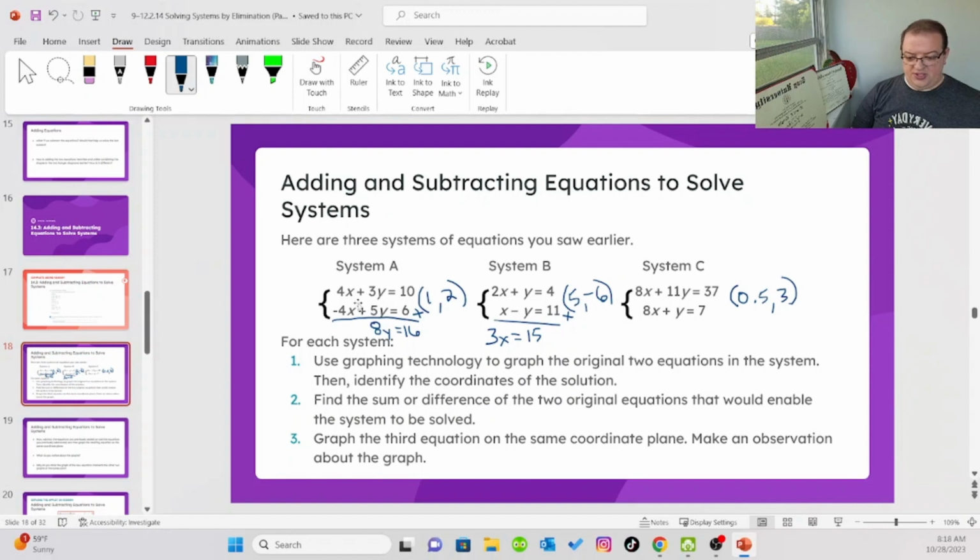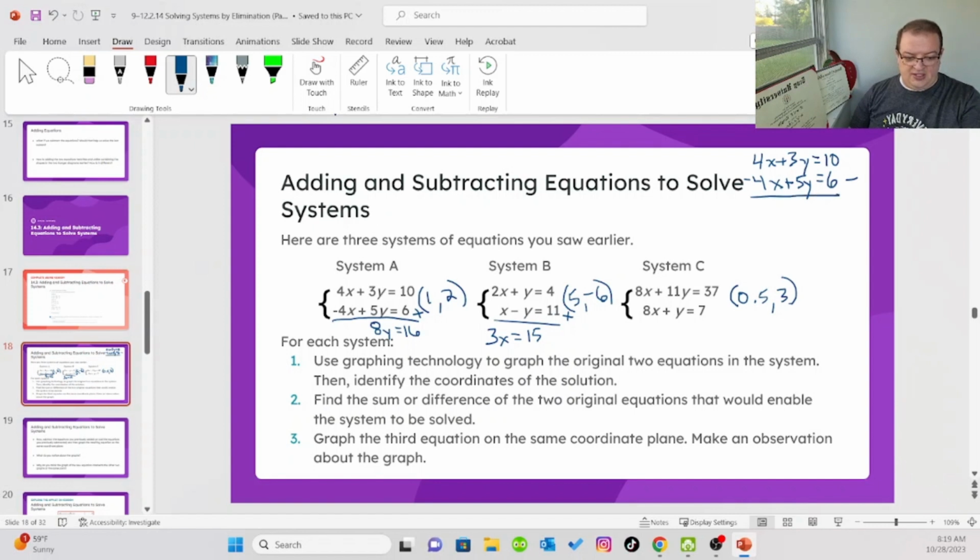So now they want us to try subtracting this one. So if I did subtract 4x plus 3y equals 10, negative 4x plus 5y equals 6, but we're going to subtract it this time.